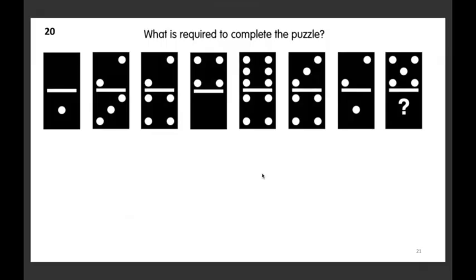What is required to complete the puzzle? Here if you take sets together, two dominoes, like we take these two dominoes as a set together, so here there is 0, here there is 2. 0 plus 2 is 2 and 1 plus 3 is 4.